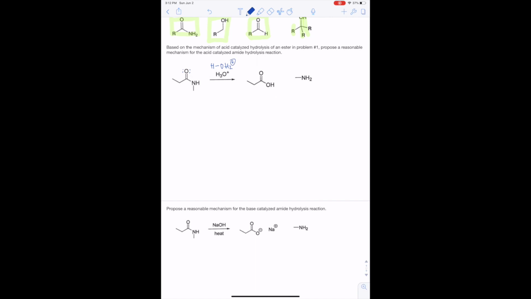The first step in the mechanism for the acid-catalyzed amide hydrolysis reaction is a proton transfer. Next, it is the nucleophilic attack of water.